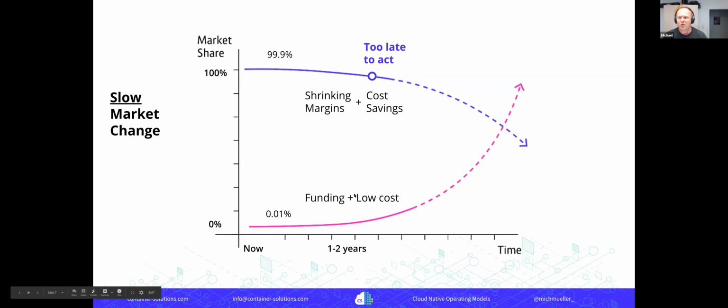Over the course of time, usually the challengers and startups are not perceived as competition until, well, they start to gain market share. And if they start, it's not slow, it's really fast. They can build up companies really, really fast because they have more or less unlimited funding, or can get unlimited funding.